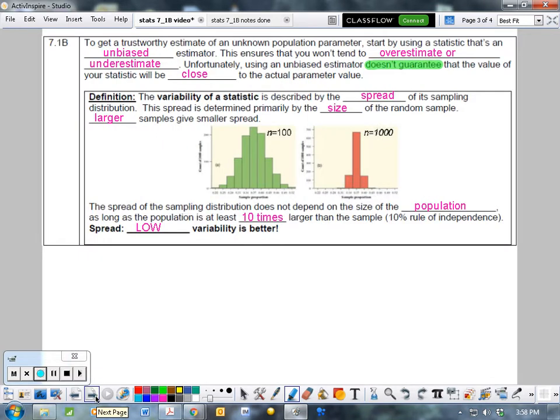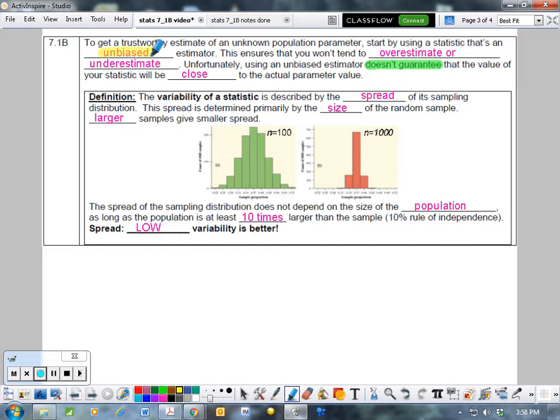To get a trustworthy estimate of an unknown population parameter, start by using a statistic that is an unbiased estimator. This ensures you won't tend to overestimate or underestimate the value. Unfortunately, using an unbiased estimator does not guarantee that your statistic will be close to the actual parameter, but it does the best job we can with our tools.